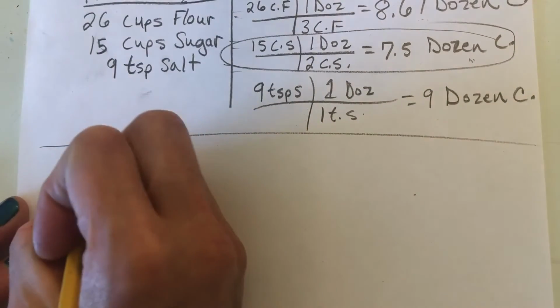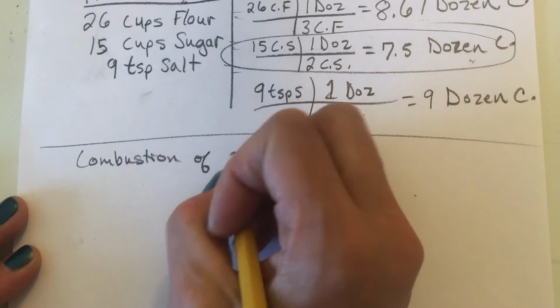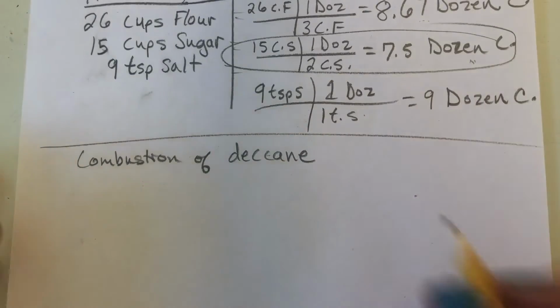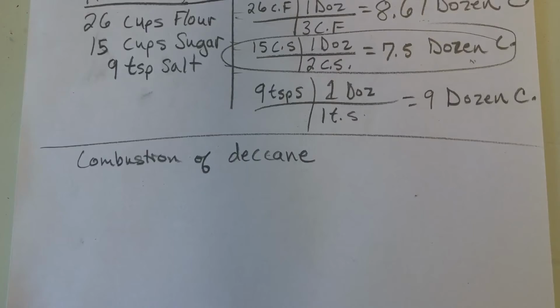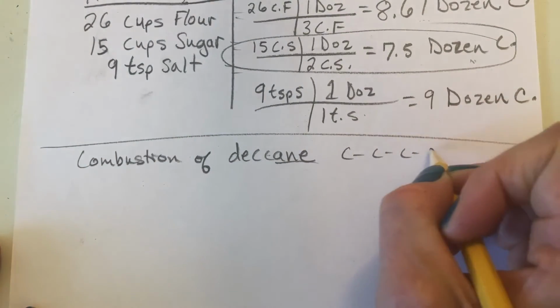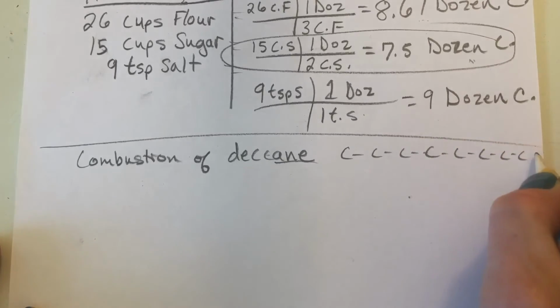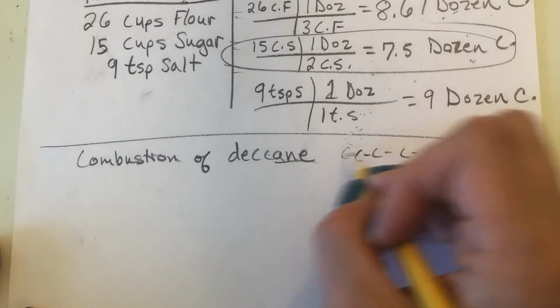But if we do combustion, and I picked decane just for fun, I know we haven't learned that in our chemistry class yet, but deca is 10, and we're talking about organic carbon compounds, and the -ane ending means there are single bonds between these 10 carbons. So I just thought it would be fun, when I ran out of space, to see if you could figure out the formula.